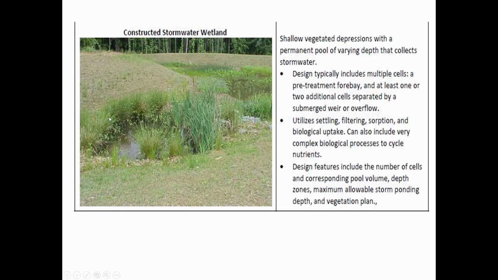But here, biological uptake of nutrients is really important because sometimes the pollutants aren't necessarily just limited to heavy metals and sediment and organics, but sometimes just nutrients like nitrogen and phosphorus, which a farmer may be adding to a field in one location.